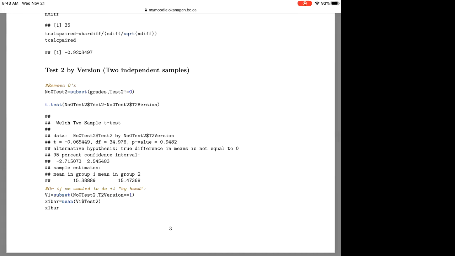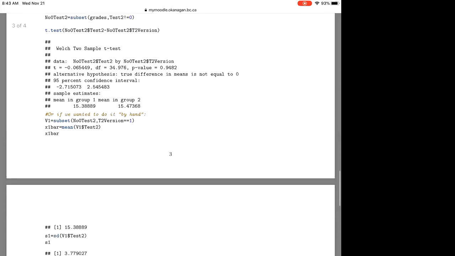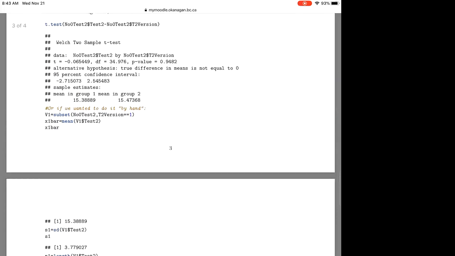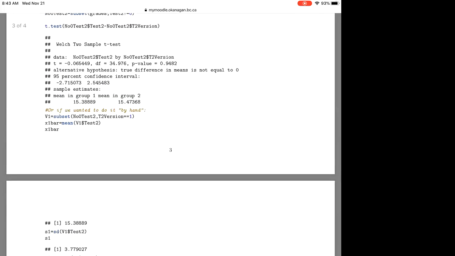And then, of course, I gave you all the calculations in case you wanted to find t by hand. You need the x bars, 2 of them, the s's, the sample standard deviation for both groups, and you need the sample sizes for both groups. Cool.